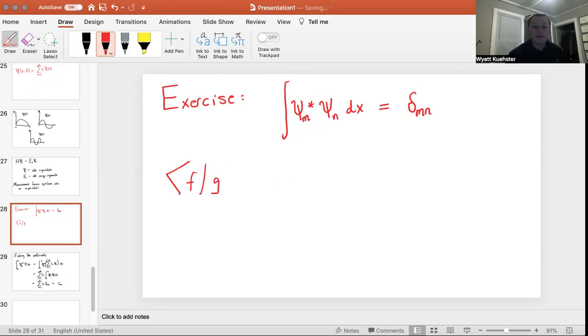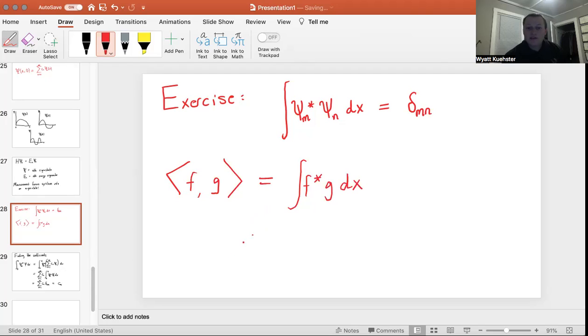Sometimes people draw a line in the middle, sometimes not. Sometimes they use a comma. So if I take two functions that are normalizable, in other words, their integral from 0 to a is not infinity, then their inner product is the integral of f star g. And these should be complex valued functions. So that's the inner product.